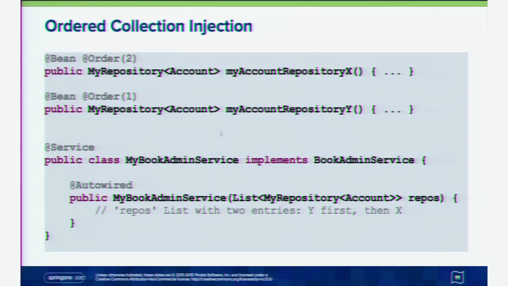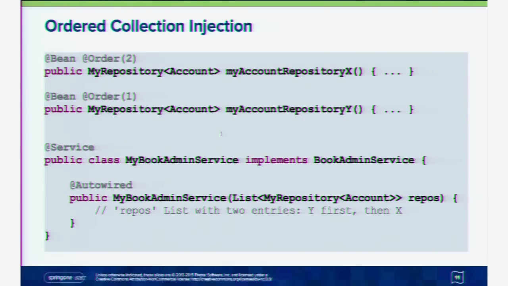Well, let's revisit order for a moment. We can take this a little bit further and use collection injection. We can say MyBookAdminService wants a List of MyRepository of Account. So you can take this even into deeper nesting levels. What you're really saying here in this constructor is you want all MyRepository of Account beans in the context wrapped up as a list and injected into your constructor.